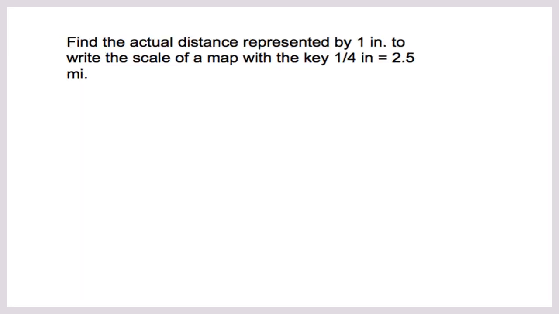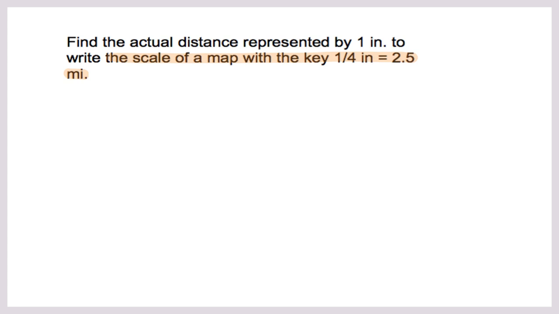Okay. Here's another one. I'm going to give you a minute to do this one. In the problem, it gives you the scale of a map with the key 1/4 inch equals 2.5 miles. That's your starting point. All right, SJ, help us out here.